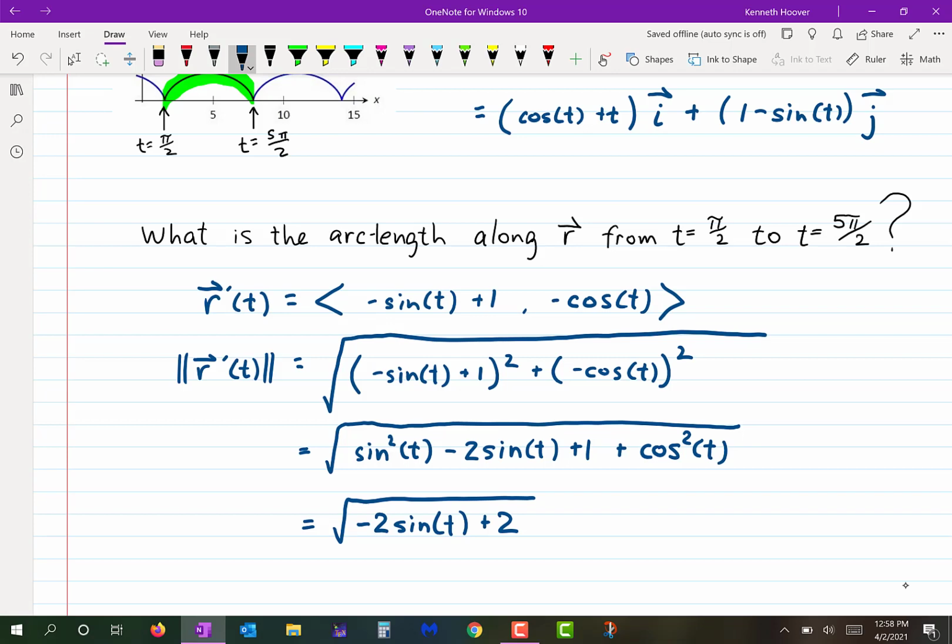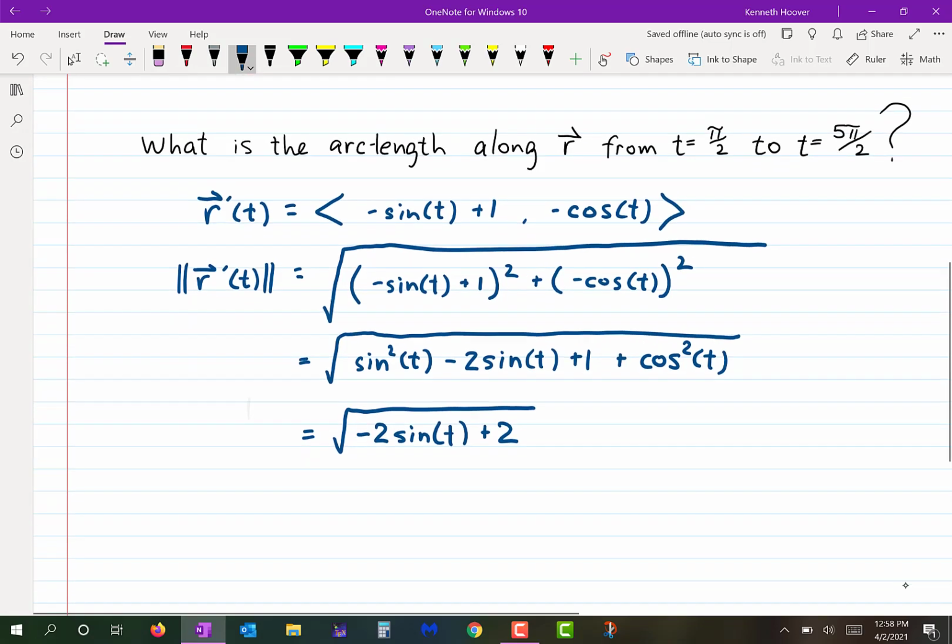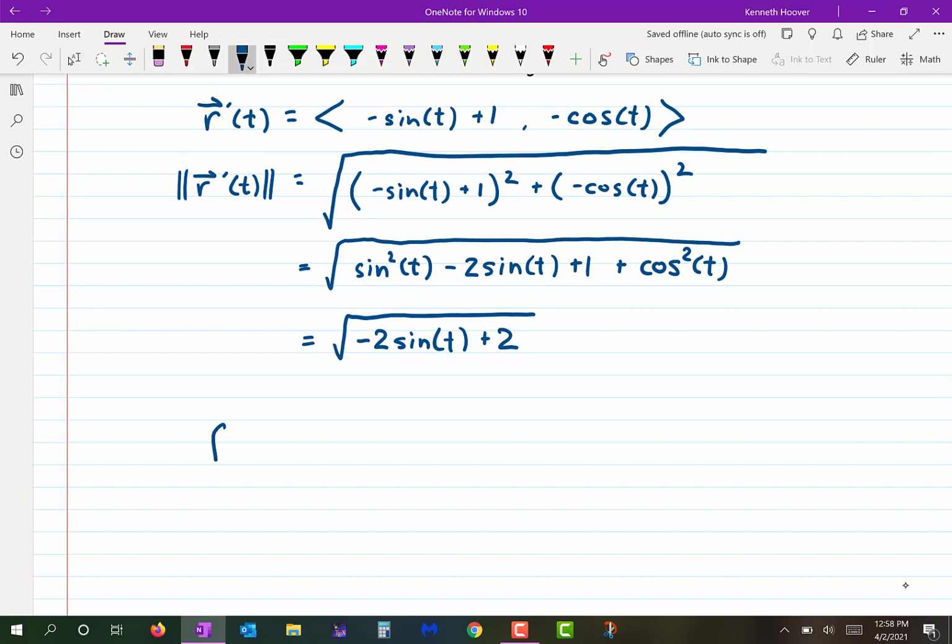And we want to integrate that, the magnitude of r prime, with respect to t from pi over 2 to 5 pi over 2. That's going to be the arc length we're looking for.